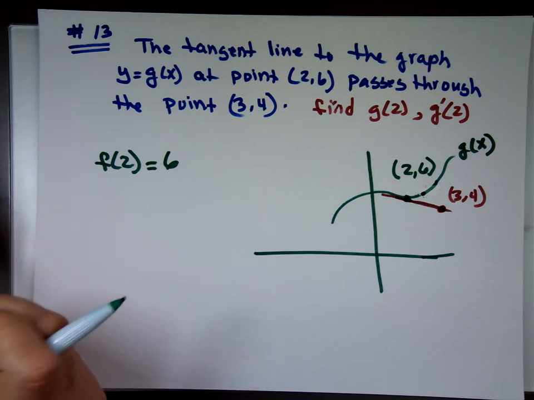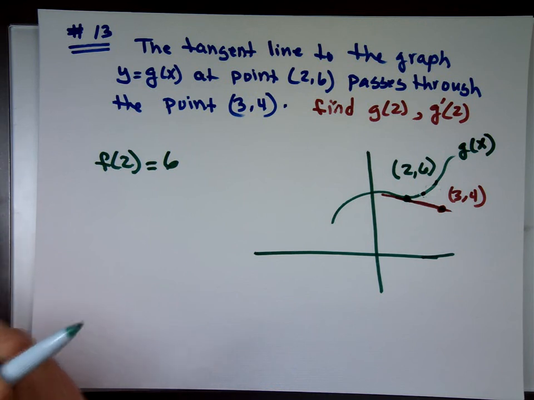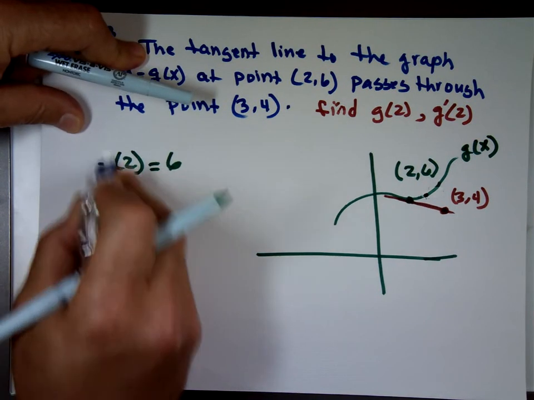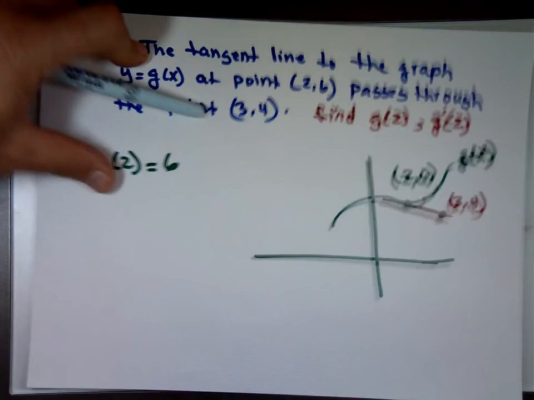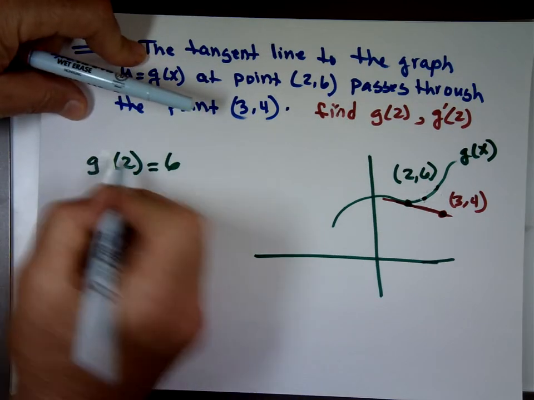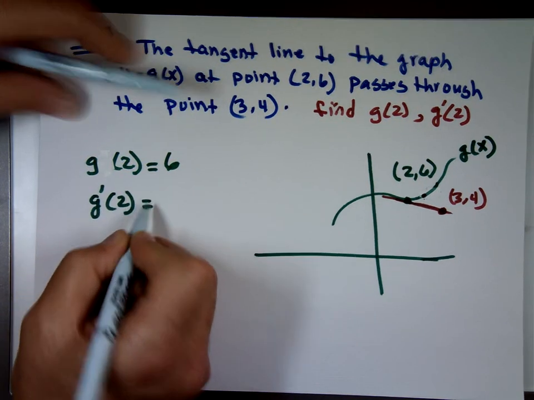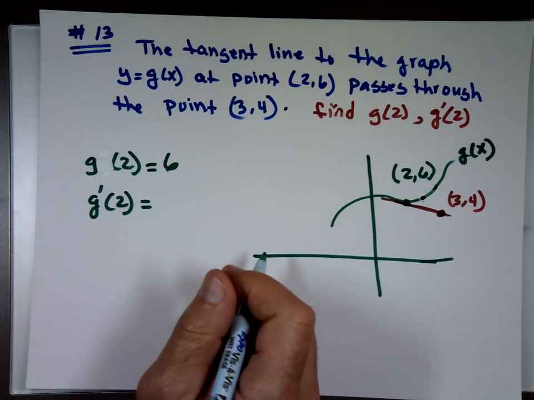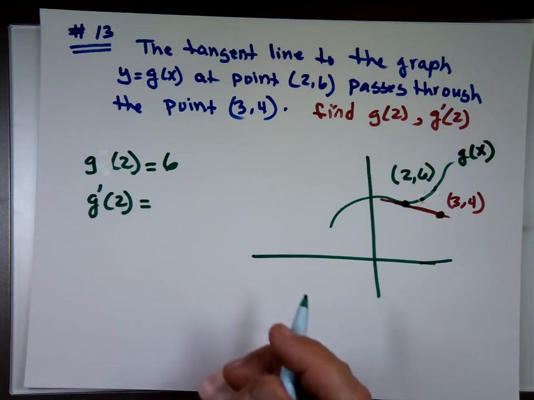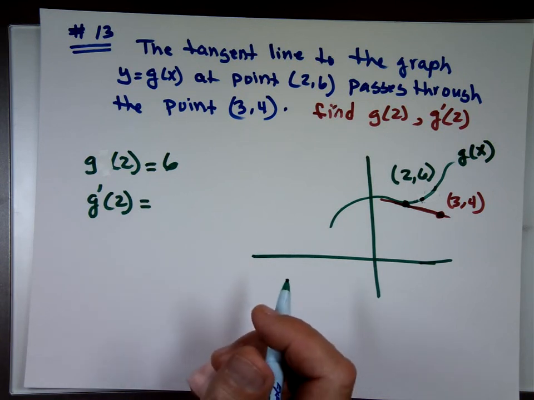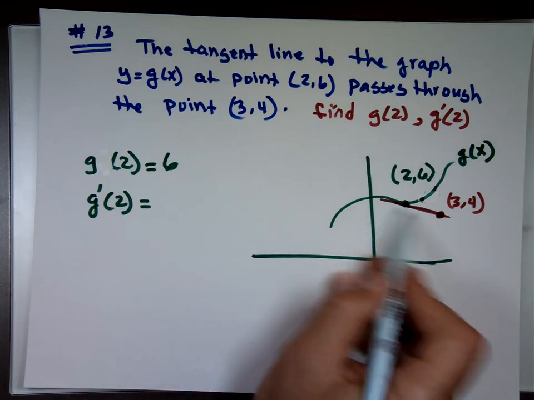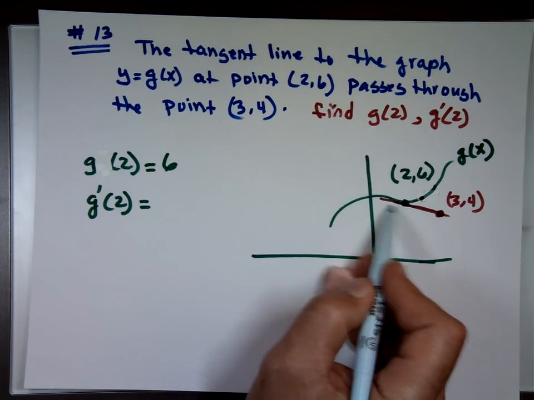Oh, g, I'm not using f, I'm using g here. G of 2, keep forgetting. Now, what's the derivative at 2? Isn't the derivative the slope of the tangent line? Well, there's my tangent line, the red line. Can you see red on the screen? Yep.